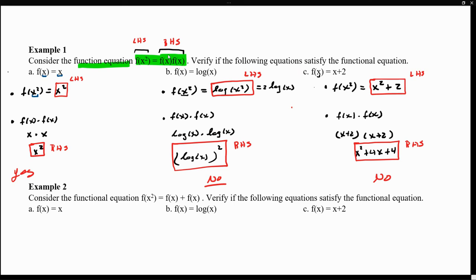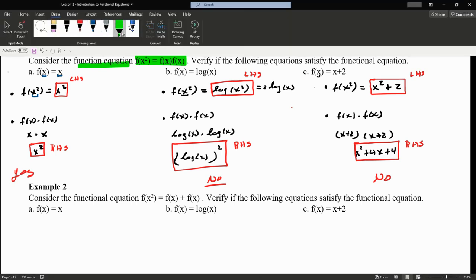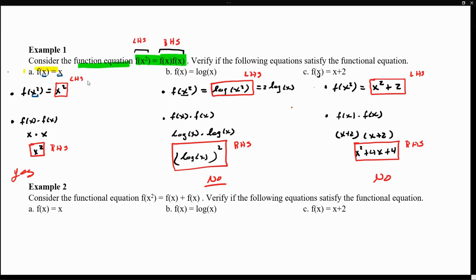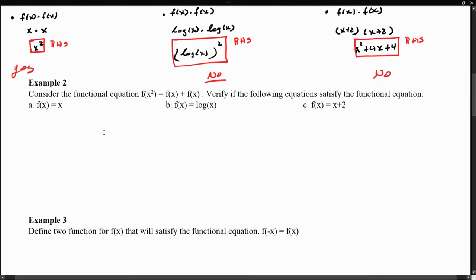So out of these three possible options, the only solution for this functional equation is f of x equals x, because that made this a true statement. Let's take a look at another example.